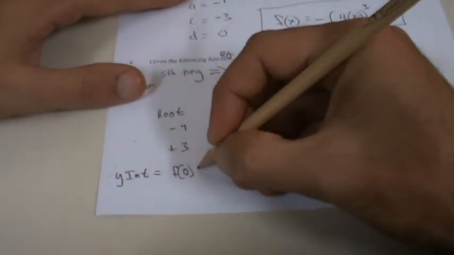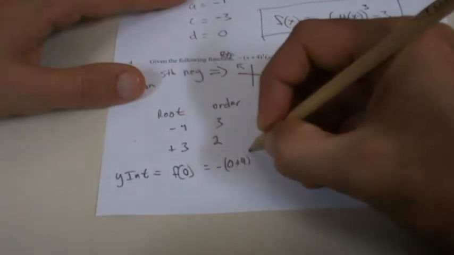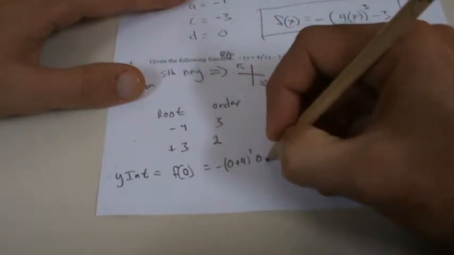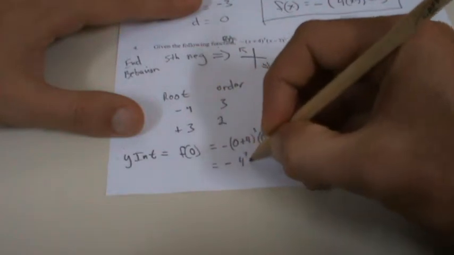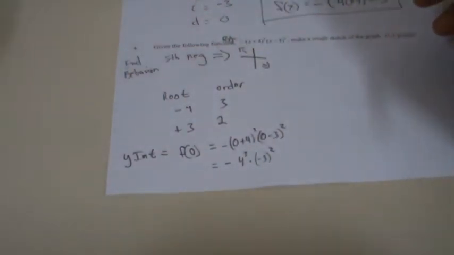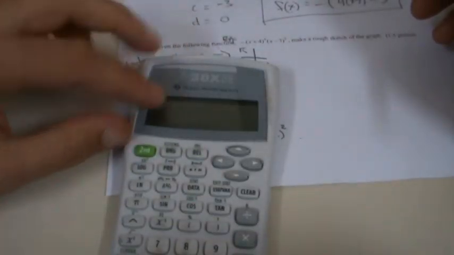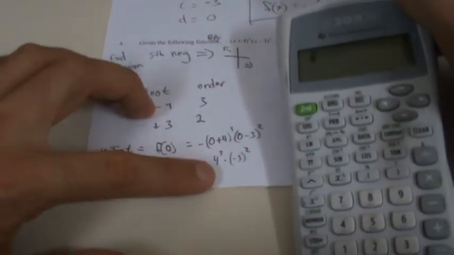And so I've got a negative 0 plus 4 to the third, 0 minus 3 squared. So I'm getting a negative 4 to the third times a negative 3 squared. That's going to be a big number. So it's 4 to the third.